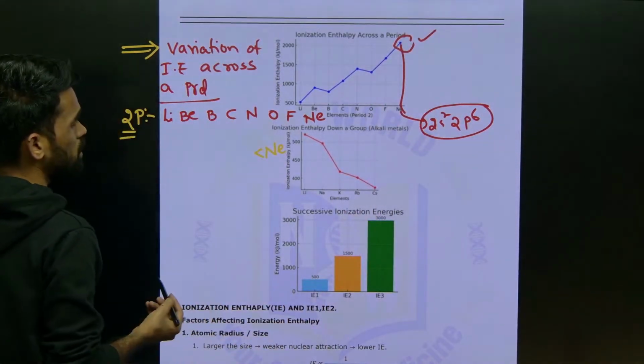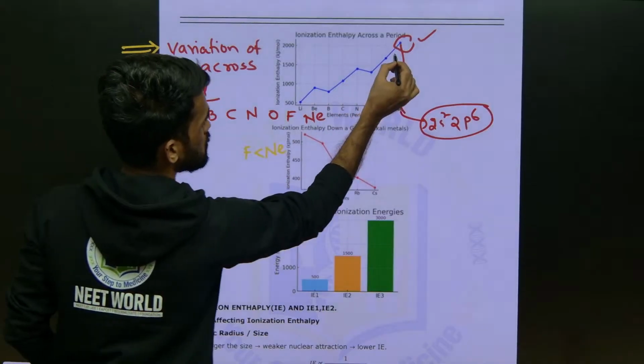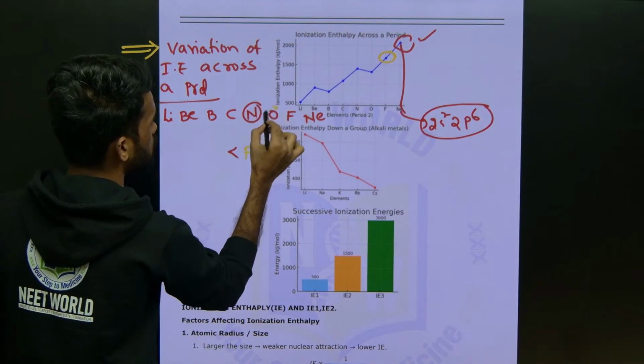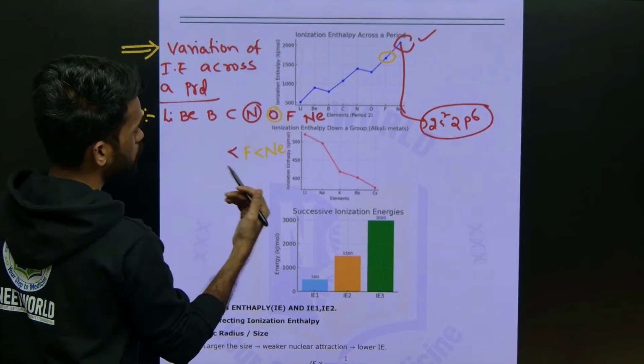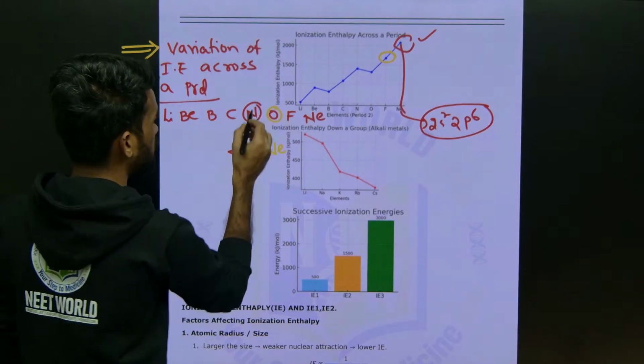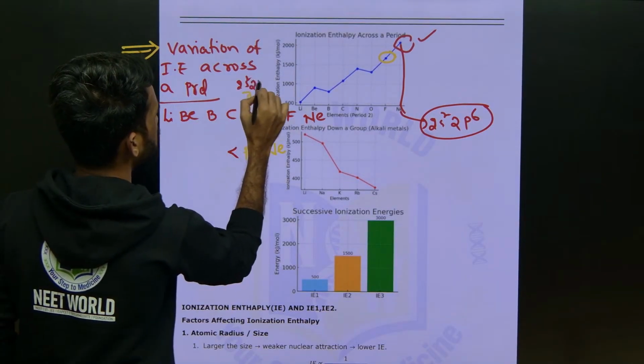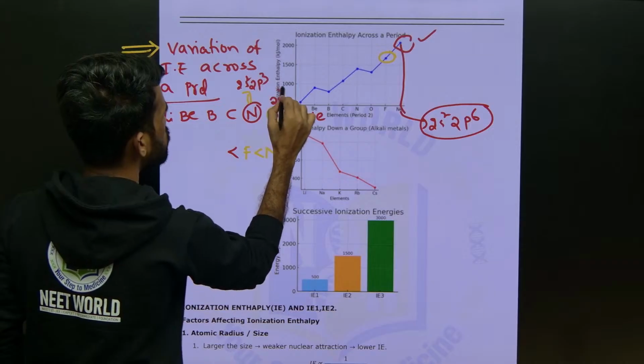Okay, so after fluorine, and between nitrogen and oxygen, both of them are electronegative. Along with this electronegativity, write their electronic configuration. Here it is 2s2, 2p3, here it is 2s2, 2p4.